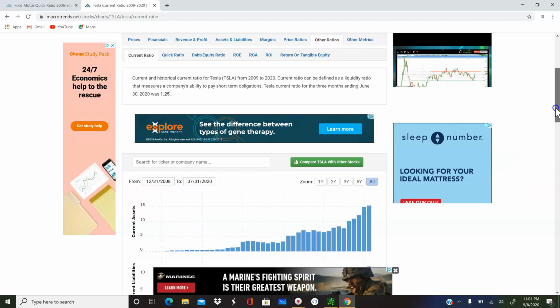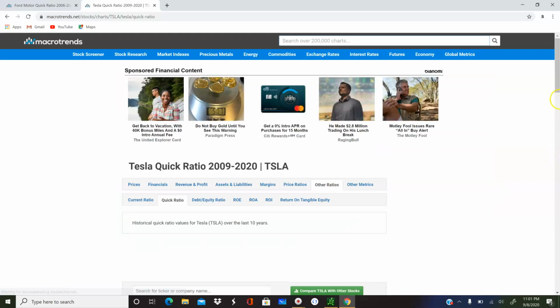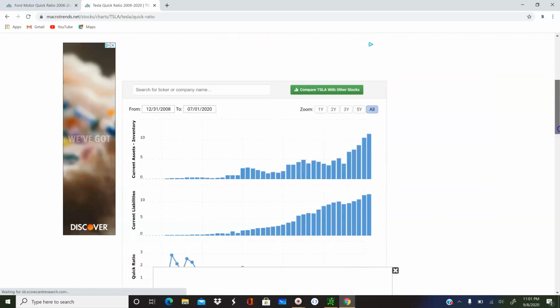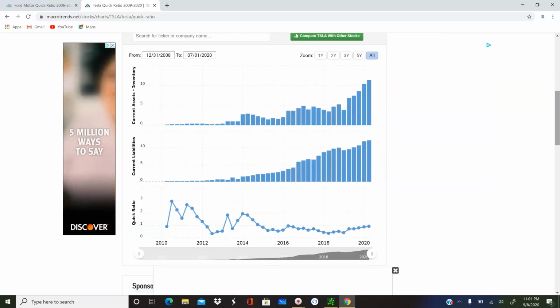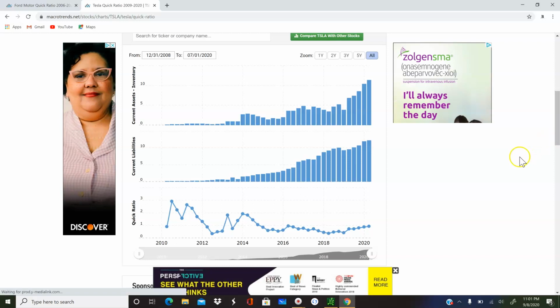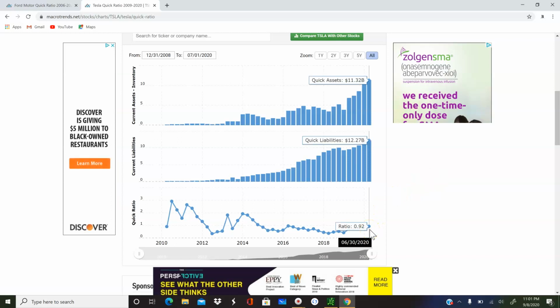Remember that the quick ratio takes inventory out of the equation. Some companies try to beef up that current asset column with inventories, but remember, inventory is just sitting. The quick ratio for Tesla for that same period is 0.92.